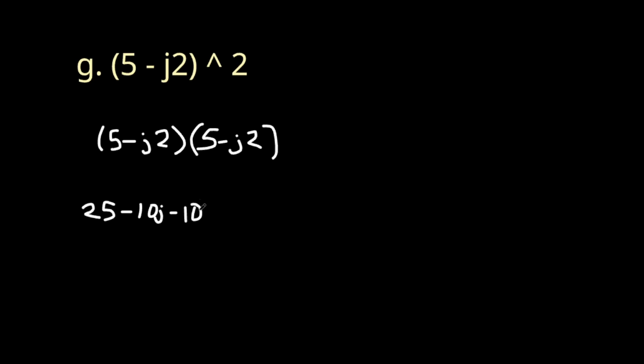So that'd be negative 10j. And then this one, let's go to the side a little bit, and let's do this one. So negative j2 times j2, negative j2. So you can do negative and negative, so it's going to be positive, right? Positive 4.